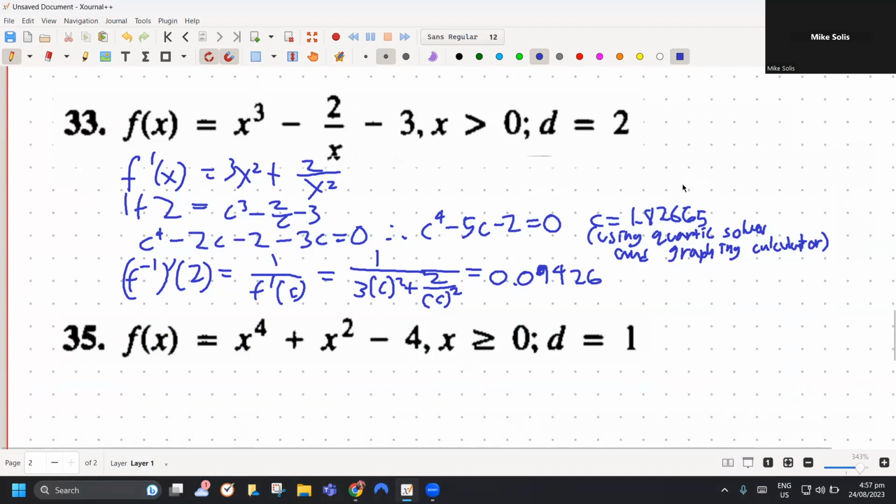So, 3 times 1.8267 squared plus 2 over 1.8267 squared. That's 10 point something something. Ngayon, 1 divided by that is 0.9426. Okay, sige.